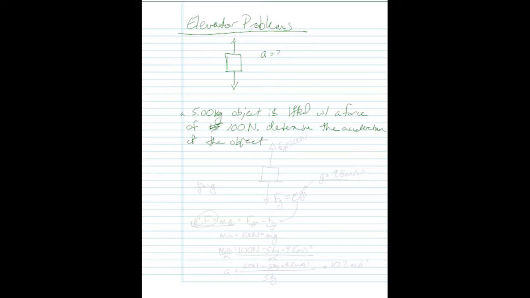So we're going to start off by drawing a free body diagram. Here's our object. It has an upward force, which we call the applied force, which we know is 100 newtons. And then we have a downward force. That downward force is the force of gravity.